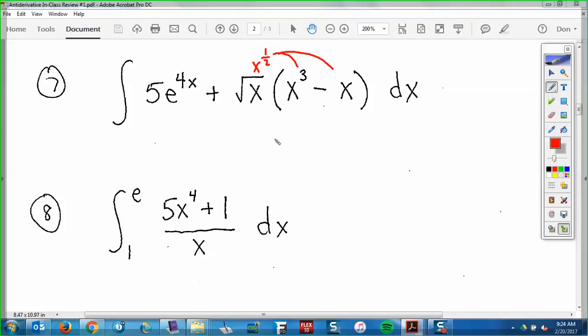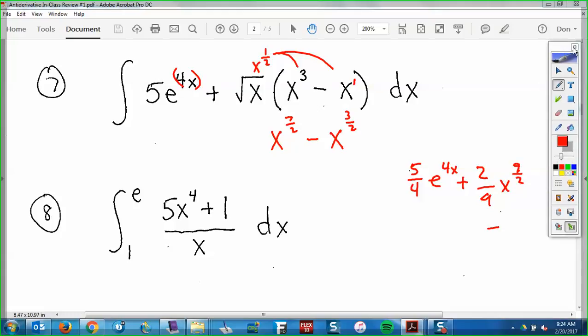So add those powers, so that'd be x to the 7/2, 3.5, minus, and then 1/2 plus 1, right? Add the powers. So it'd be 3/2. So then here you got to kick out a 1/4 because of that, right? So that's 5/4 e to the 4x. And then this one you'd raise up 1, it would be 9/2, and then divide by 9/2, so that'd be 2/9. So you kind of subtract those and then do the raise it up and divide.